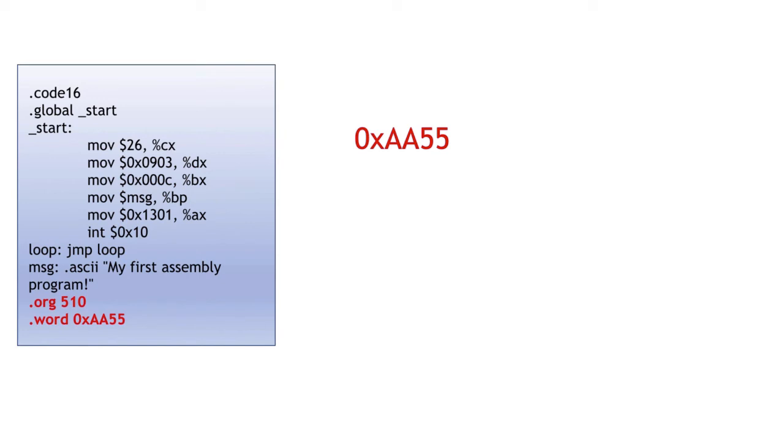If it finishes with 0x8855, it thinks it's a bootable disk, and then the BIOS program copies these 512 bytes into the memory. Then the CPU starts executing the program from the memory address 0x7C00. By now, we have covered each line of our program.